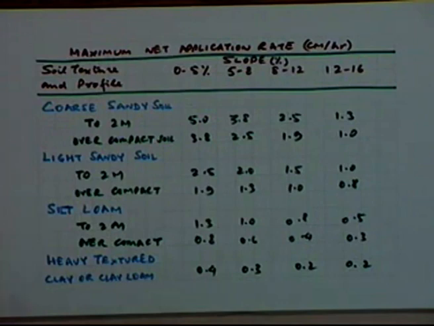So in the case of heavy textured clay or clay loams, the rate of application which is permissible if you want to avoid surface runoff is a very small rate, varying from 0.4 centimeters per hour to 0.2 centimeters per hour.